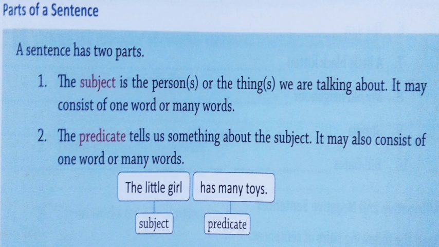And now, has many toys is the predicate. This part tells us something about the subject. The little girl is the subject of this sentence, and has many toys is the predicate. All right?